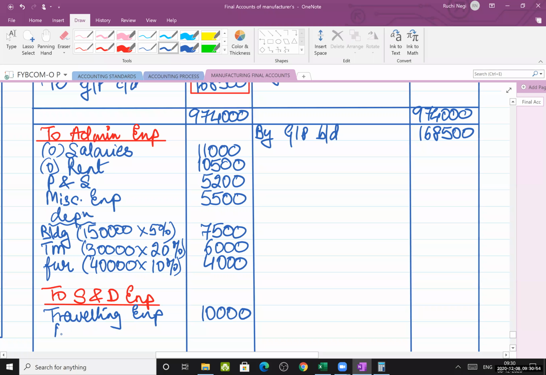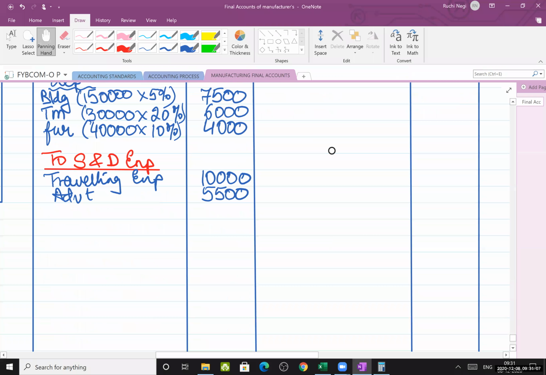Then advertisement 5,500. That's it. Only these two items were there in selling and distribution. Next, financial expense. Financial expenses, may I have bank charges?